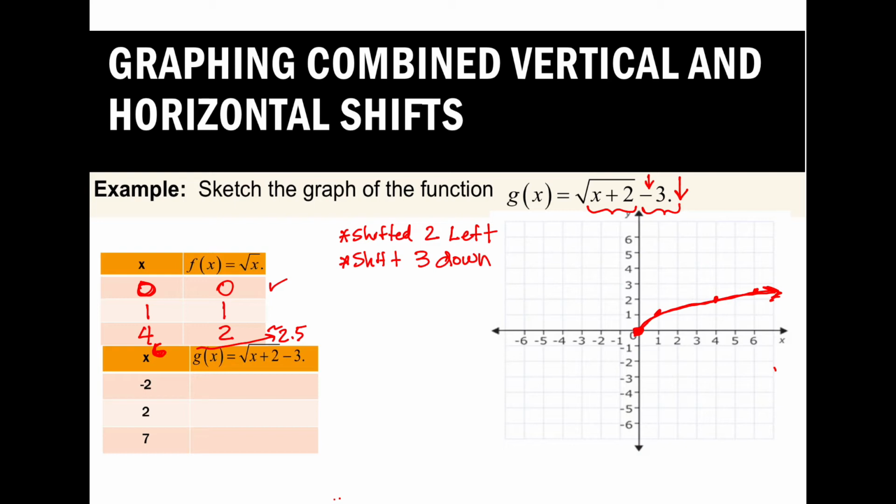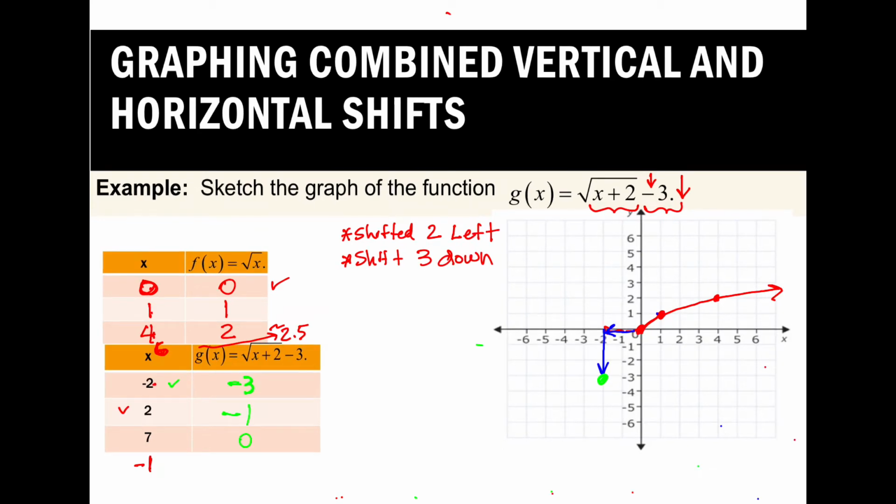So from here, I know I'm going to shift 2 units to the left. I'm just going to draw that down. And then 3 units down. So my suspicion is my first point is going to start at -2, -3. Our new starting point is 2 units back and then 3 units down, at -2, -3.